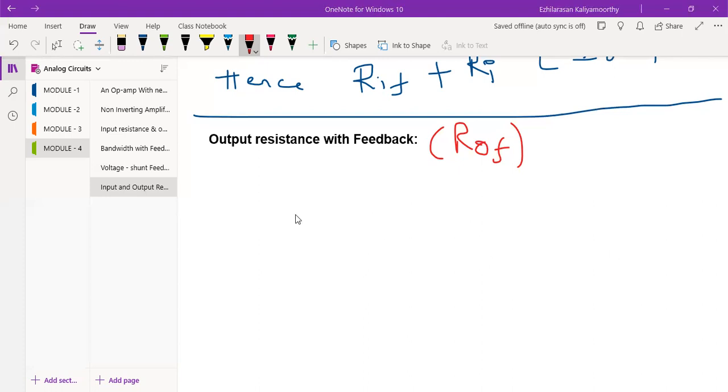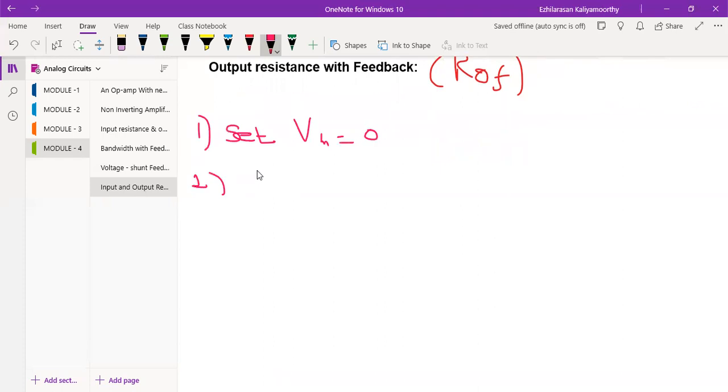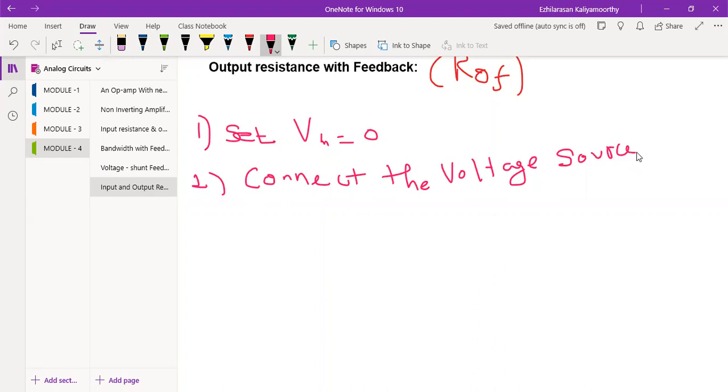So we have to do two things in this. The first thing is we need to set Vin equal to 0. We have to short circuit the input source, that is Vin. Next, the second thing is you have to connect a test voltage source at the output terminal.